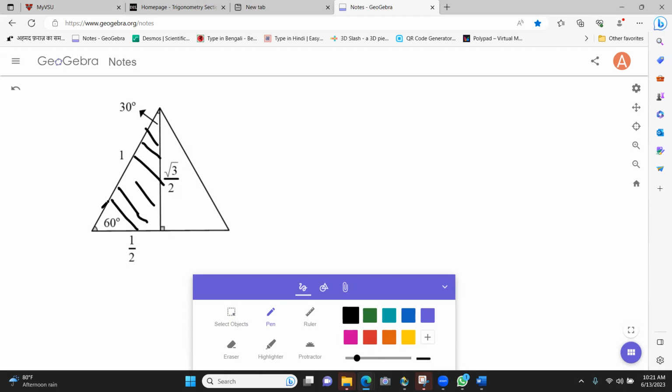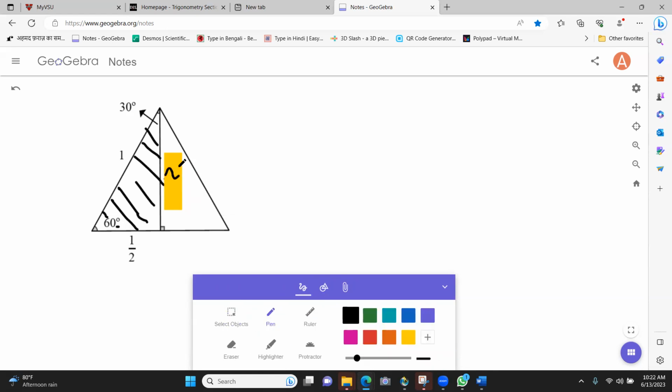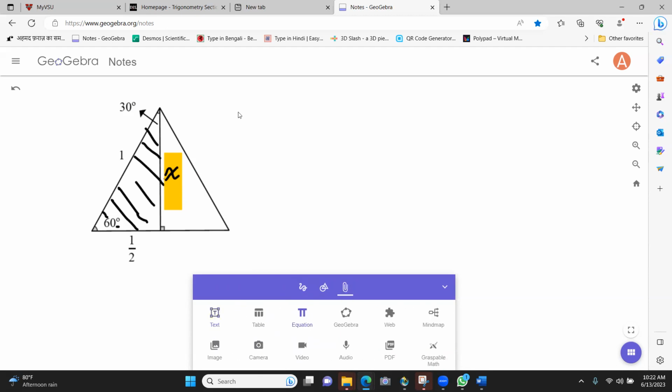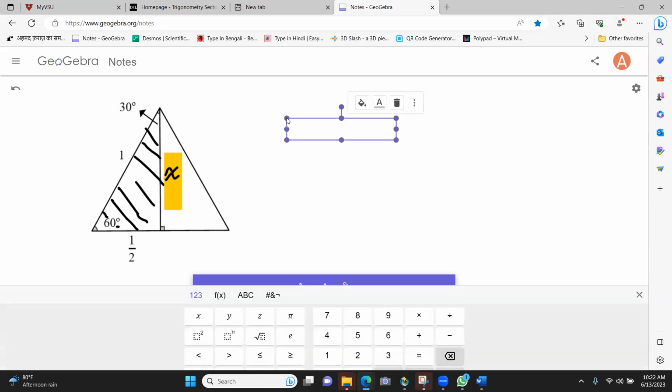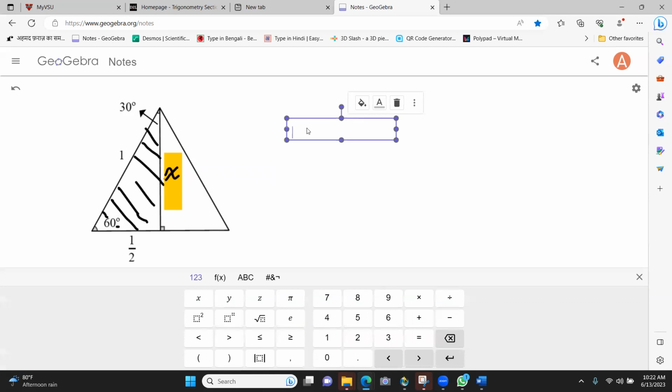Now I'm going to call this side X. And I'm going to apply the Pythagorean theorem to show that it's square root of 3 over 2. Well, let's find out. How do we do it? Well, that's not really that difficult. Hypotenuse squared, half squared, x squared. Doesn't matter which one you write first.